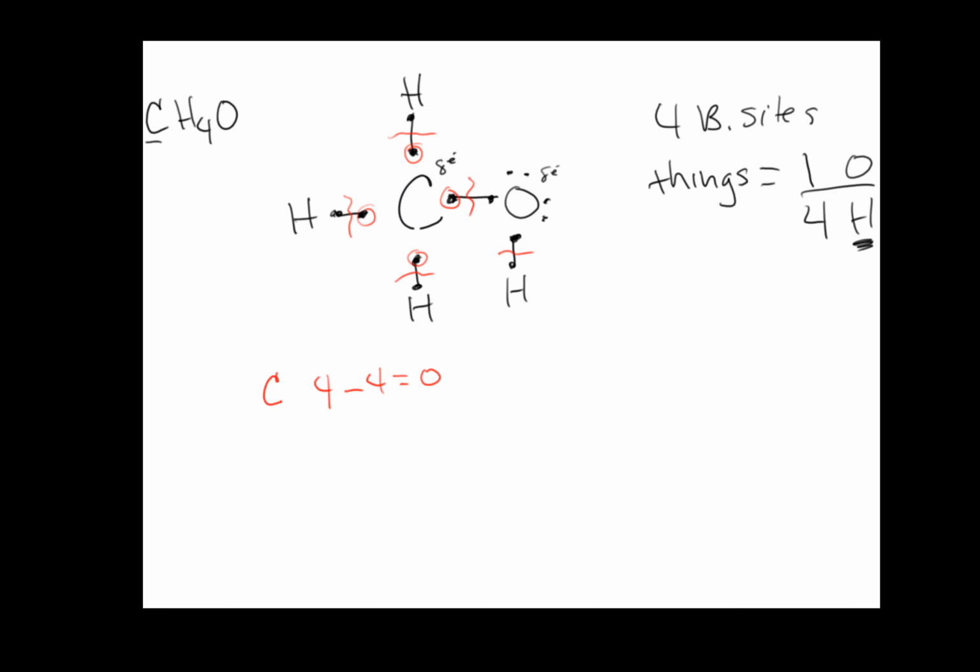It has no formal charge. The oxygen brought 6 to the party, and it still owns 1, 2, 3, 4, 5, and 6. Now notice it owns the lone pairs, so it owns all 4 of those electrons from the lone pairs. So it is also neutral. And then each of the hydrogens, they brought 1 to the party, and they each own 1 still. So each of the hydrogens are neutral with no formal charge.